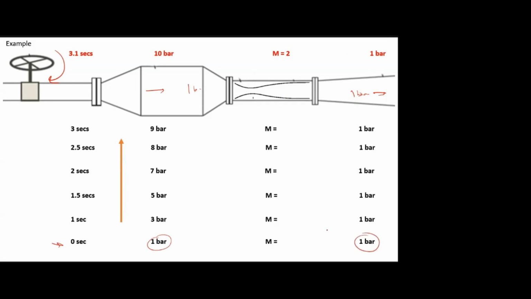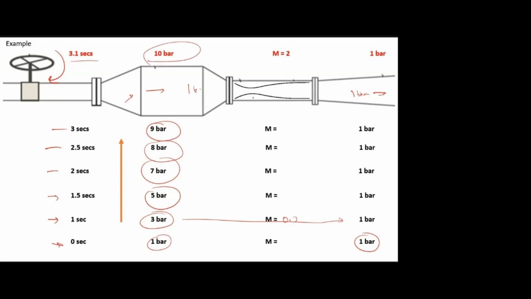Then maybe at 1 second there will be a small pressure buildup, maybe 3 bar to 1 bar. There is a pressure difference, and I'll get some subsonic Mach number. Then at 1.5 seconds it may increase to 5 bar, at 2 seconds 7 bar, at 2.5 seconds 8 bar, at 3 seconds 9 bar. At 3.1 I am getting 10 bar. Then from 3.1 seconds to 1 minute I can maintain this 10 bar pressure. Is it clear?